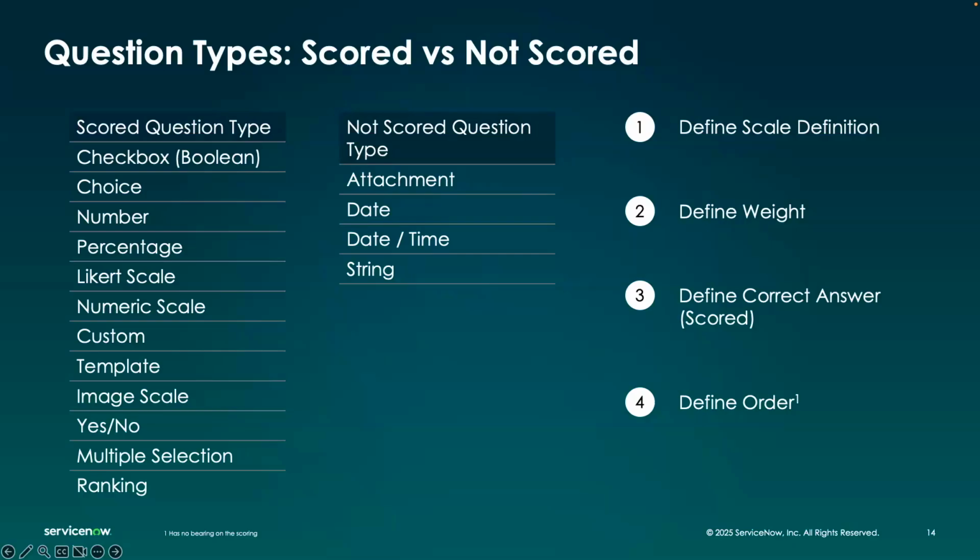When it comes to scoring, scoreable questions are those that normalize to a score. Both scored, where scored checkbox is equal to true or is selected, and not scored questions. Not scored are the ones where scored checkbox is not selected, basically value is false.